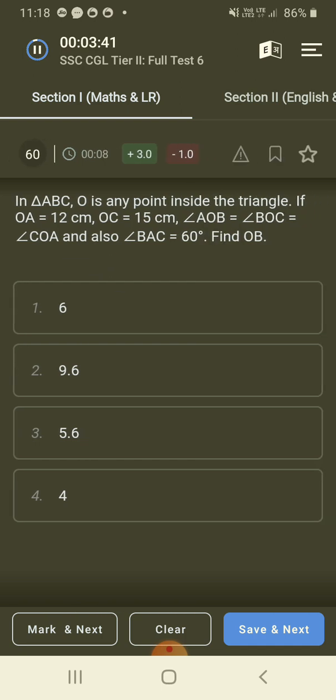ABC is a triangle and O is any point inside it. OA is 12, OC is 15.